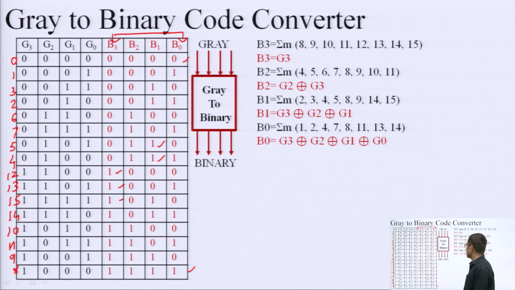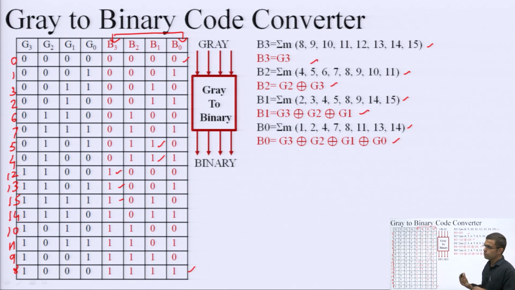So, using this table, I have now written the minterm sets for B3, B2, B1 and B0 in these 4 expressions, and these minterm sets are fed into the K map to solve the expressions, and then we get the expressions as mentioned here.